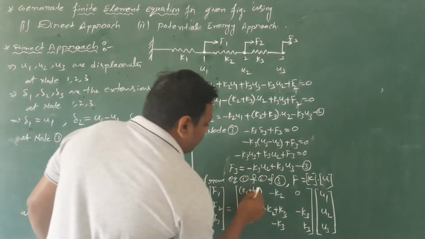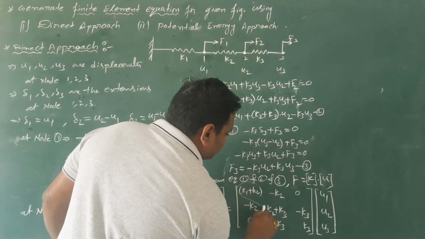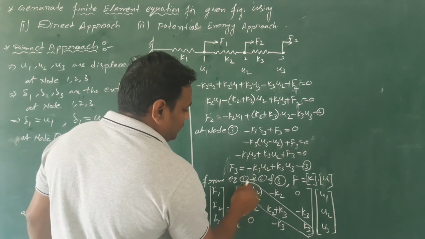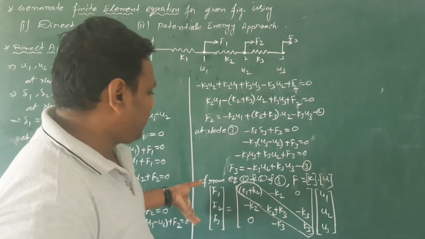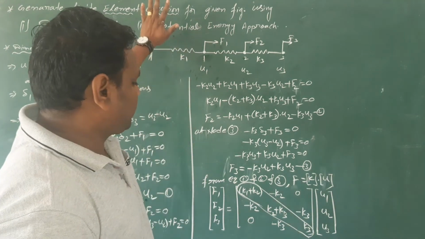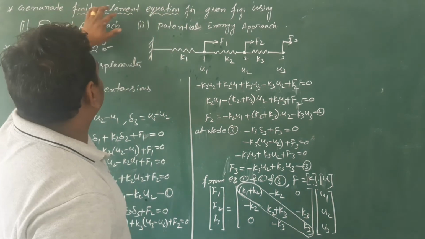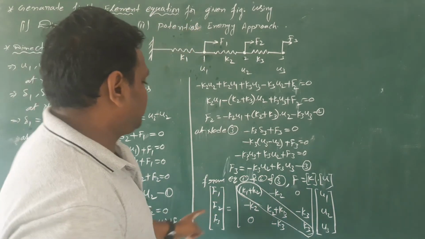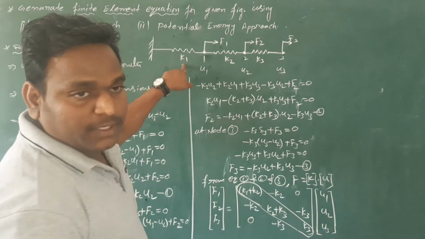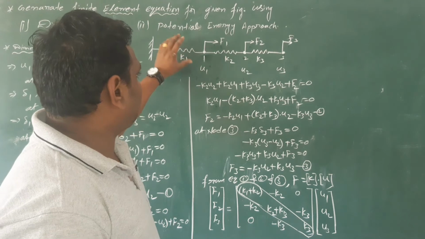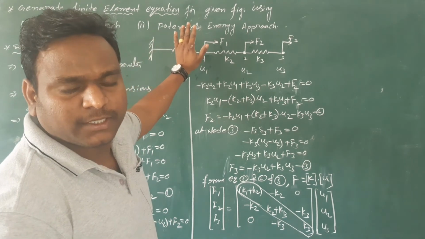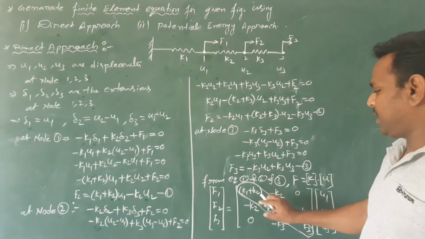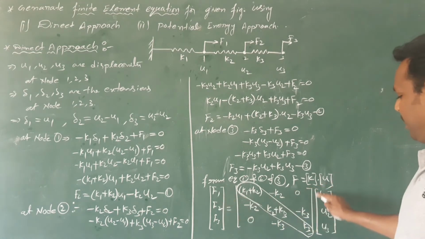This is a symmetric matrix. This is the finite element equation for the entire spring element. If you know the stiffnesses, that is the spring constants, of this particular element, substitute all those stiffnesses and forces, and we will get the deflections.